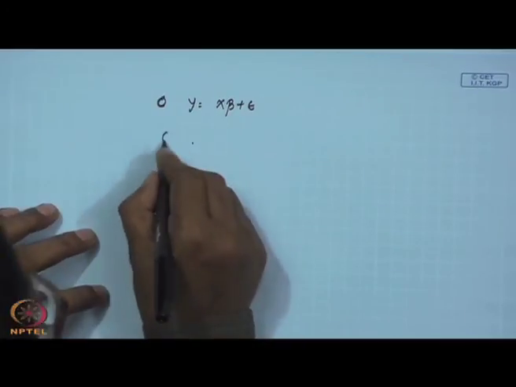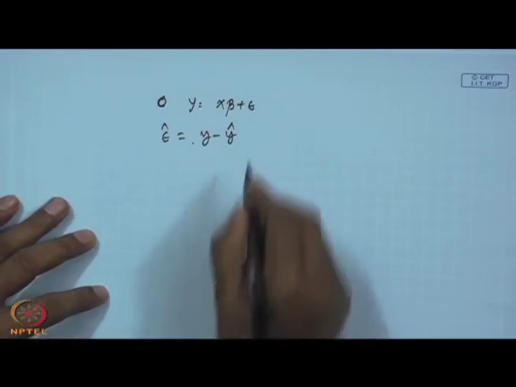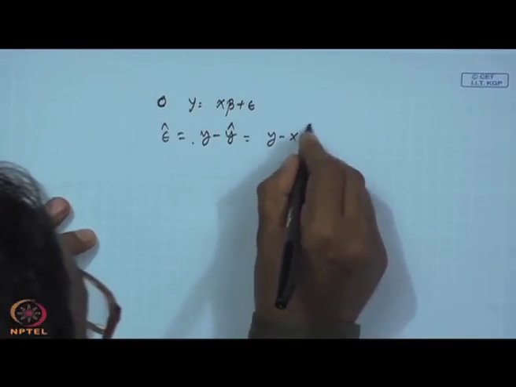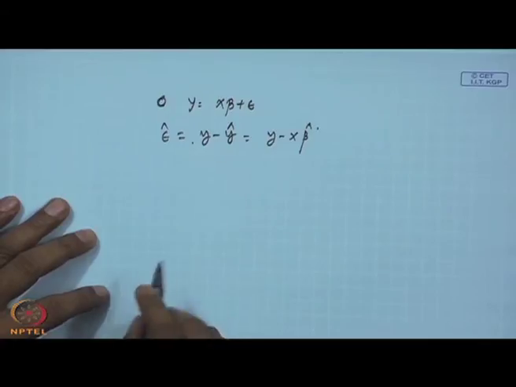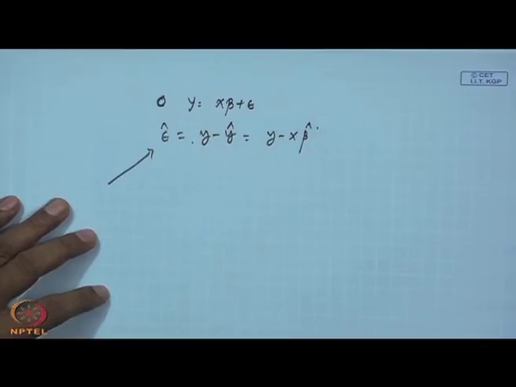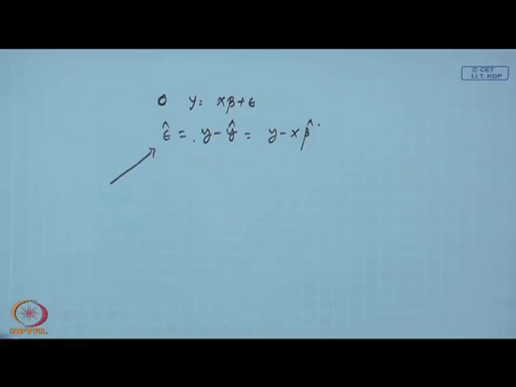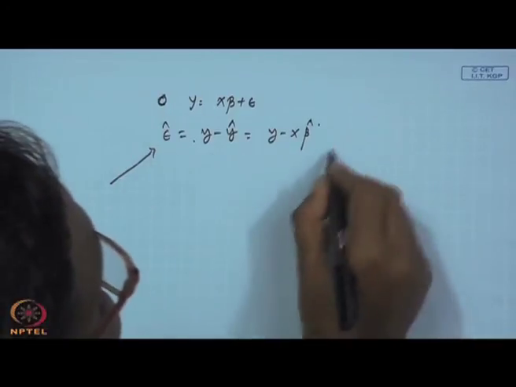Now, we also know this one is y minus y cap, that means y minus x beta cap. You may be interested to know what the distribution of this is. How do you find out? Is this distribution similar to epsilon?